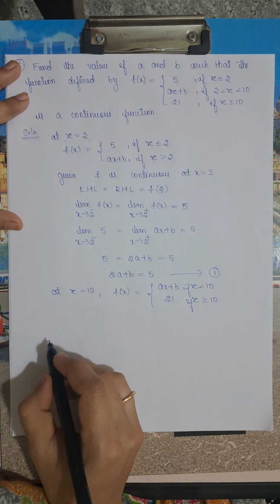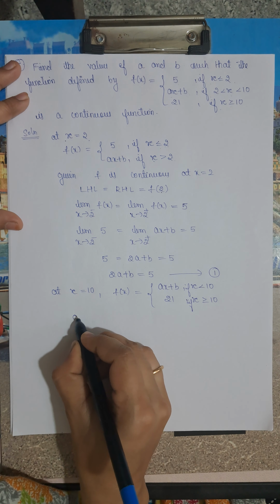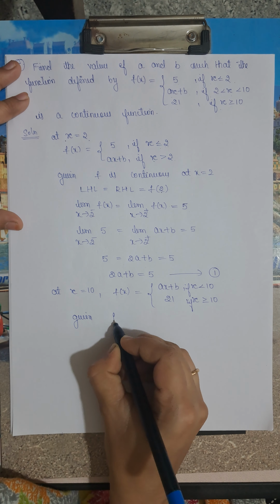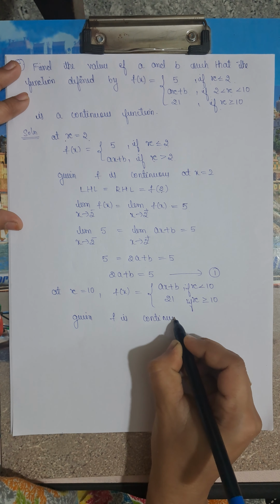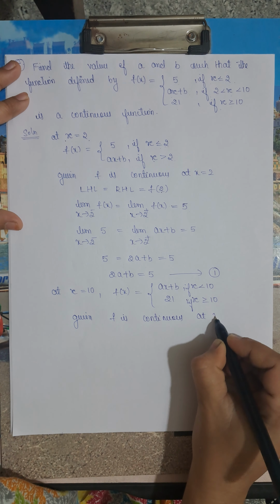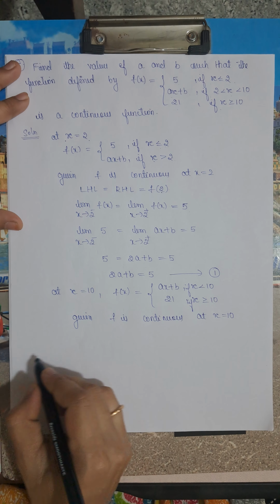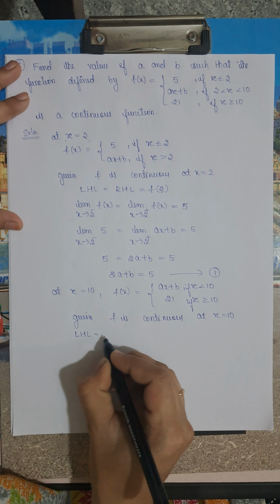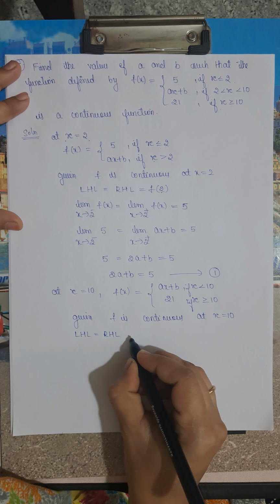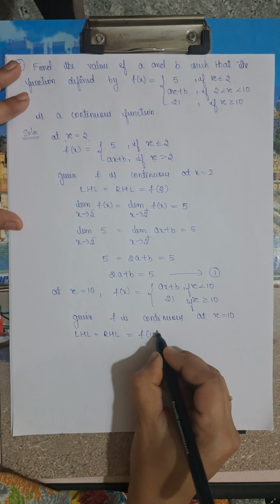They have given that it is a continuous function. So given f is continuous at x equals 10, according to the continuity definition, LHL is equal to RHL, which is equal to f of 10.